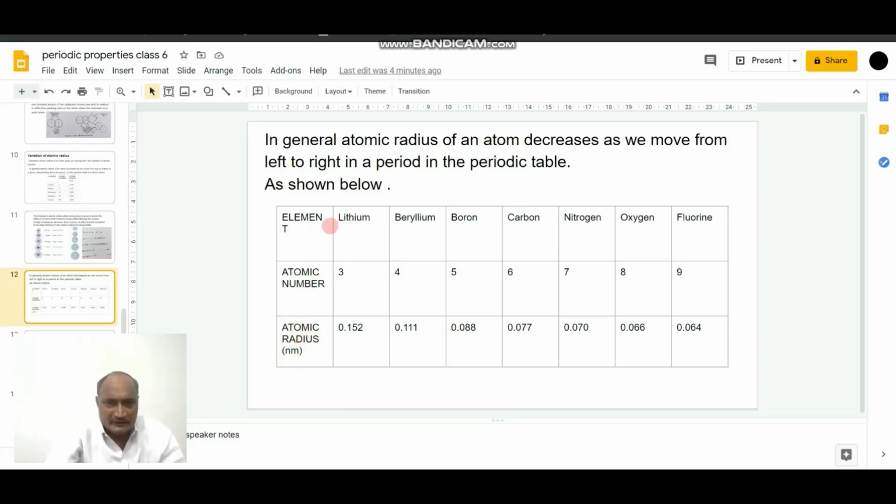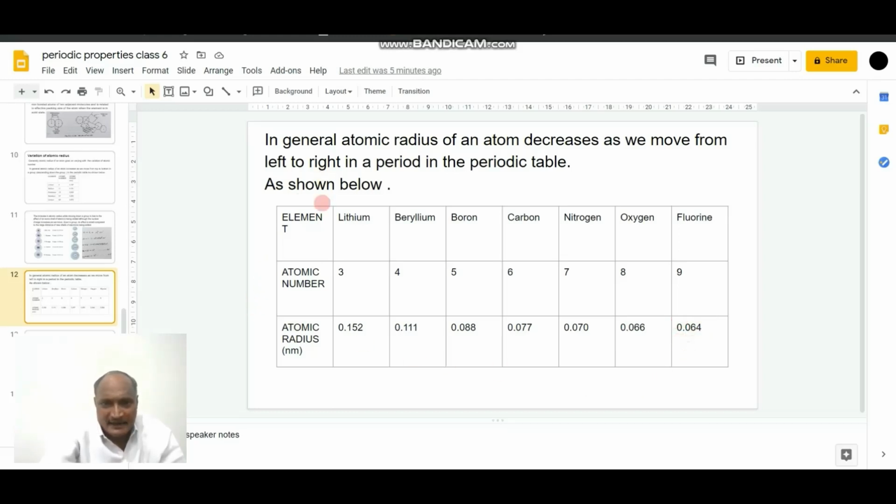Coming to the first member of the second period, lithium, its atomic radius is 1.52, beryllium 0.111, boron 0.088, carbon 0.077, nitrogen 0.70, oxygen 0.066, fluorine 0.064.